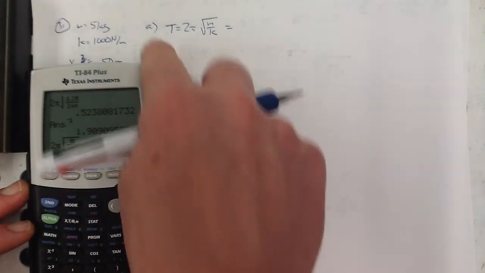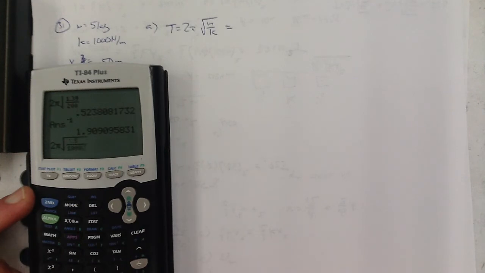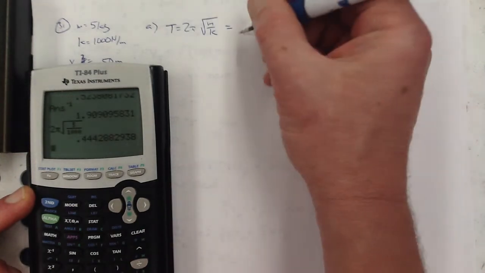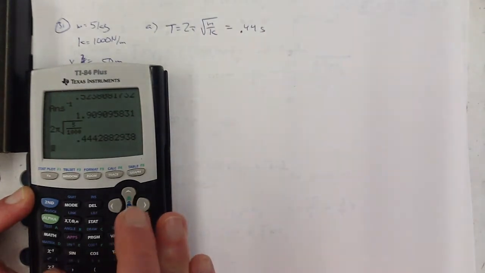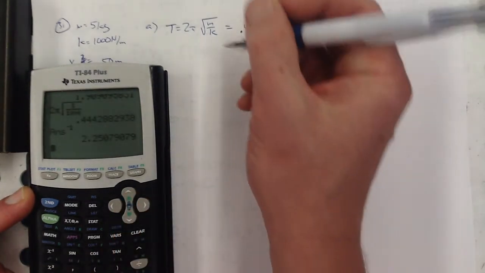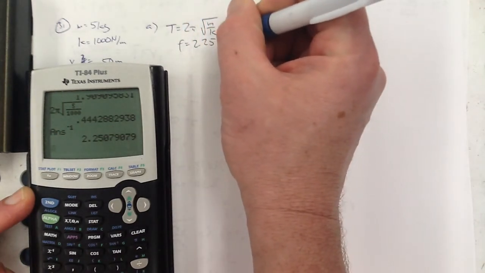Let's see, so that m is 5, and the k is 1,000. I'm going to flip that over. So the frequency is 2.25 hertz.